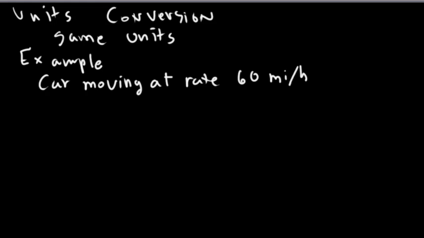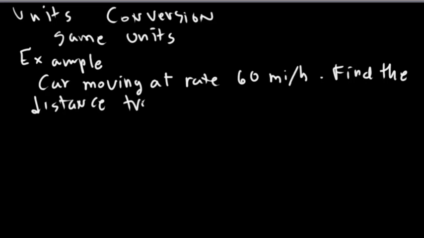So we're in the English system here. And what we want to do is find the distance traveled in 3 hours. So you've got a car going 60 miles an hour. How far does it go in 3 hours?